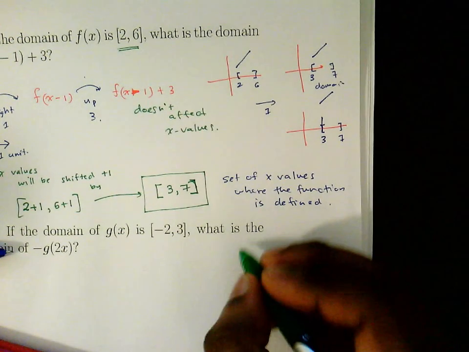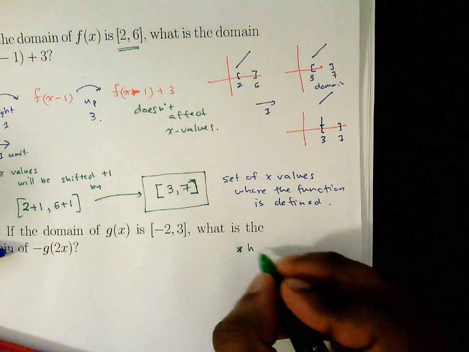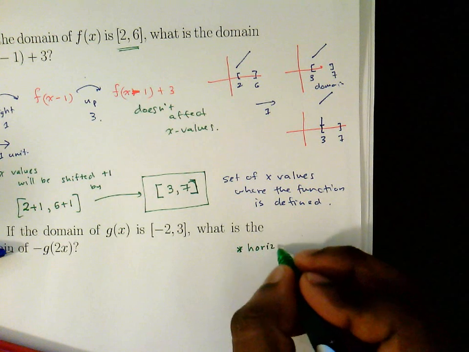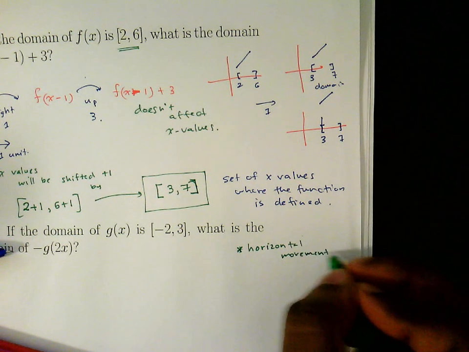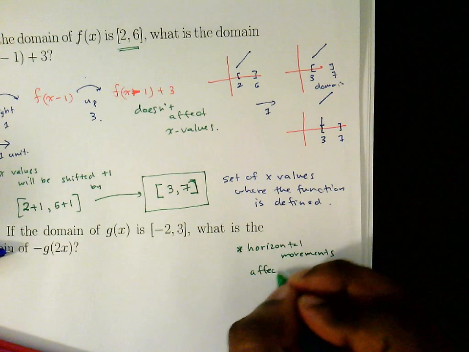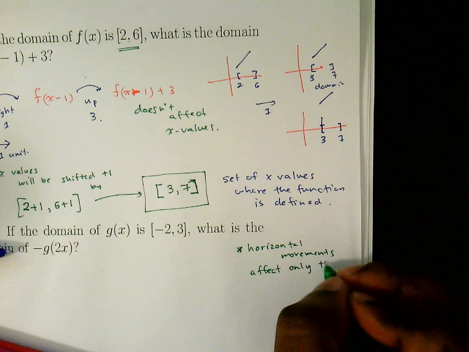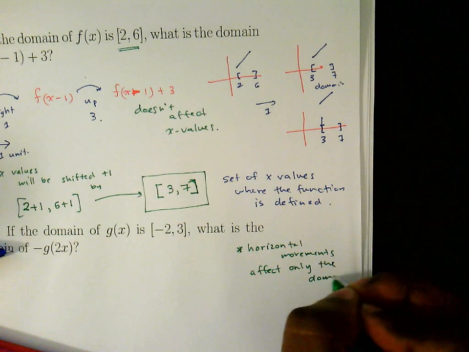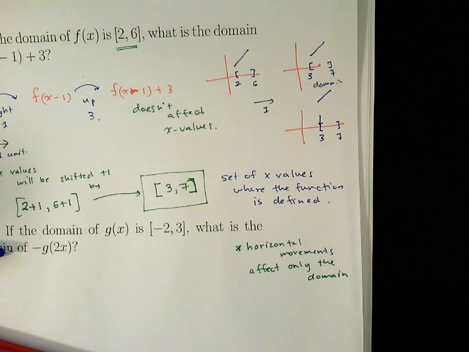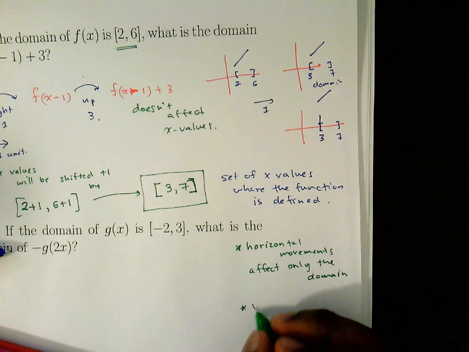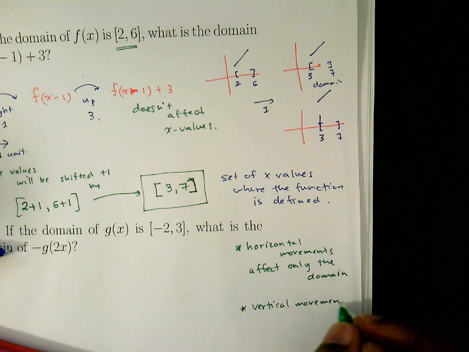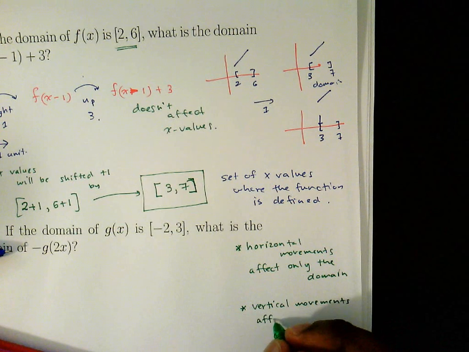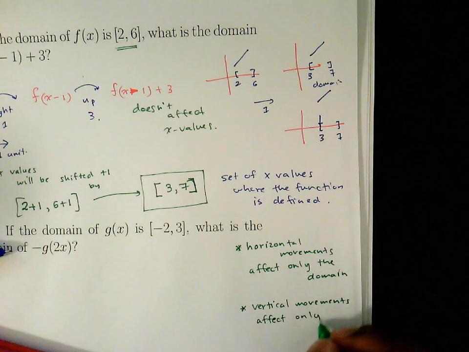So with that, what you can think is, well, horizontal transformations, horizontal movements, affect only the domain, and vertical movements affect only the range.